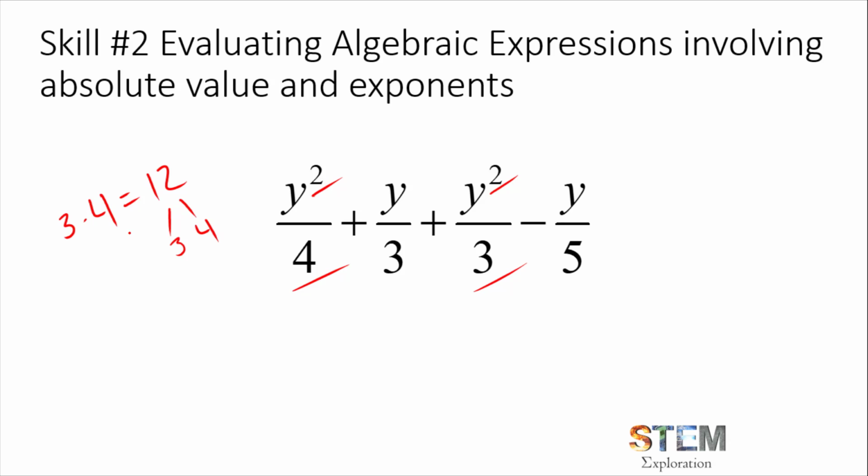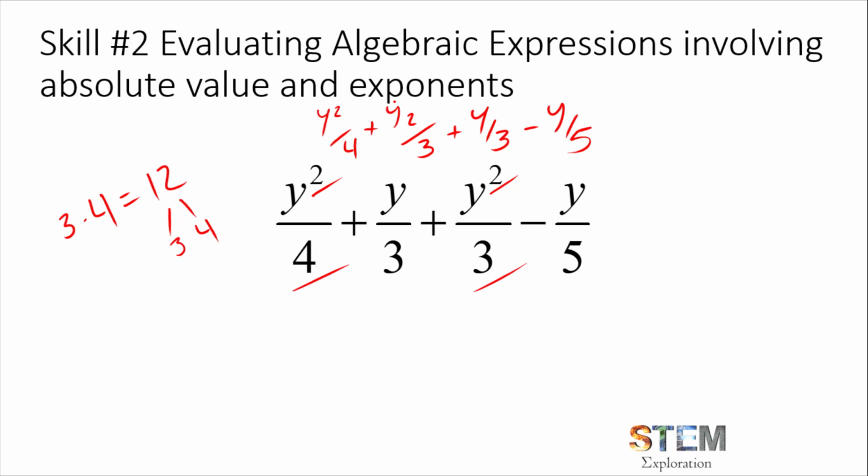So if you want to solve this given expression, what I would typically do is rewrite this so that all the common variables are together. So for example, y squared over 4 plus y squared over 3 plus y over 3 minus y over 5.